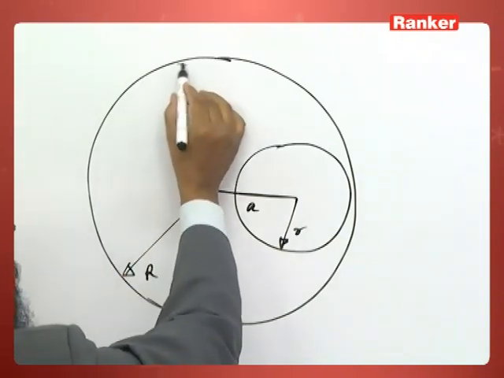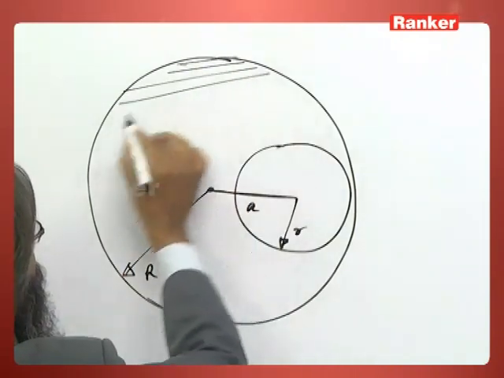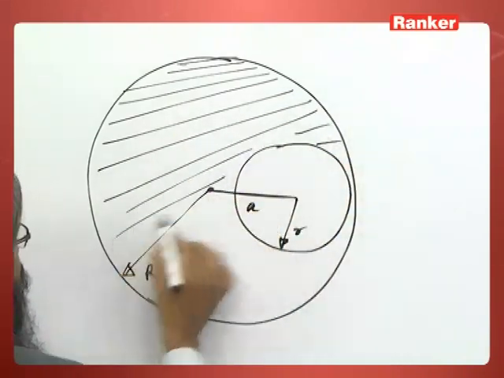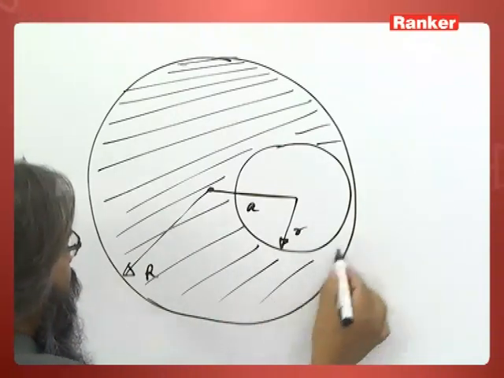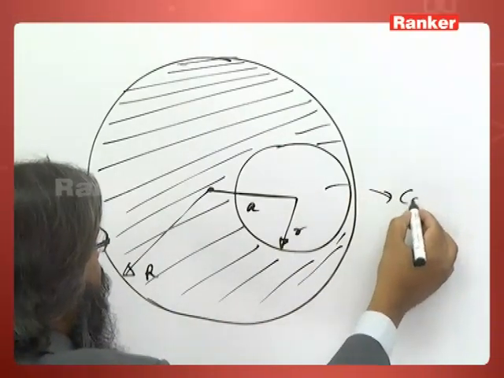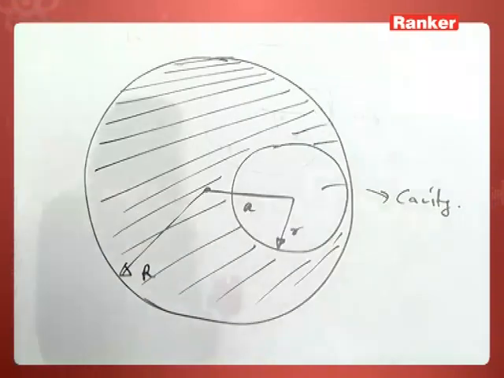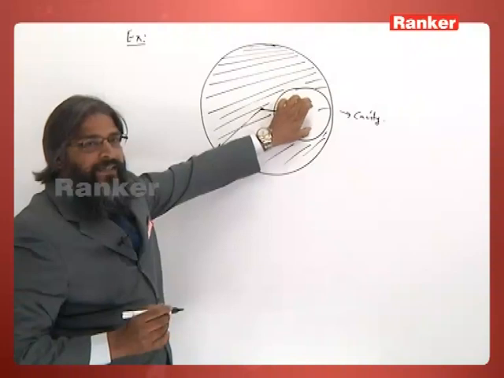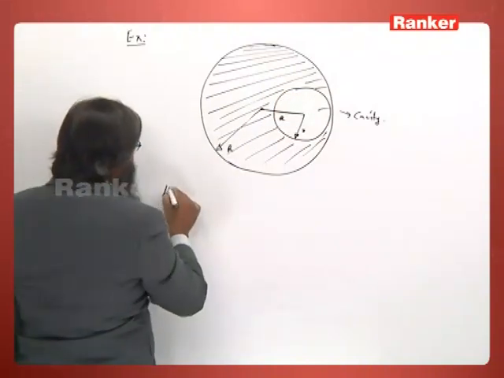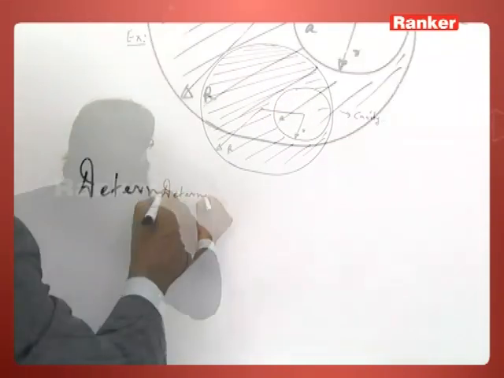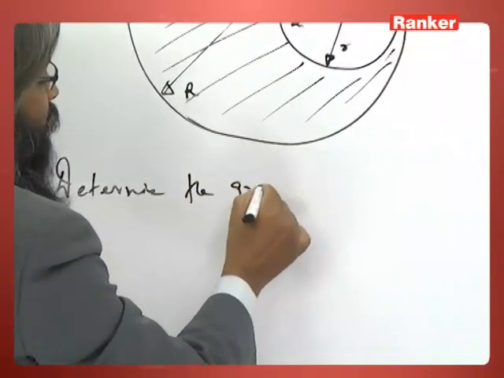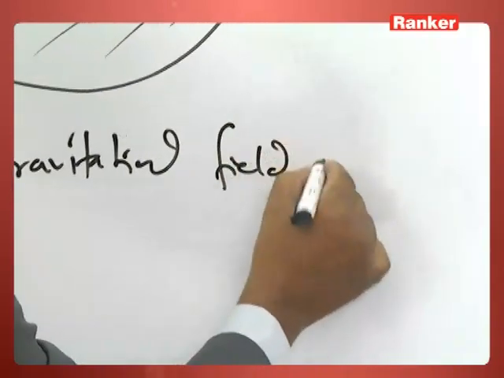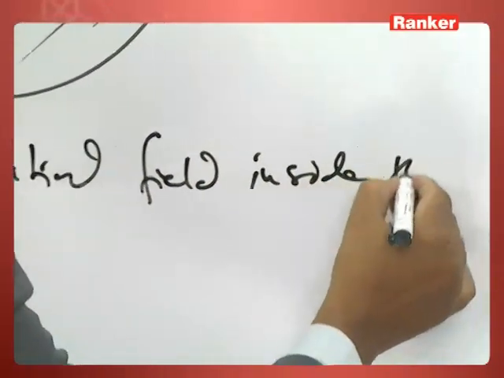So you see we have this mass something like this, and in this cavity, this is the cavity. We want to find out the field inside this cavity. So determine the gravitational field inside the cavity.